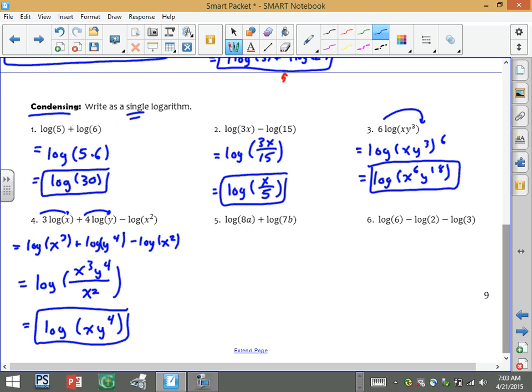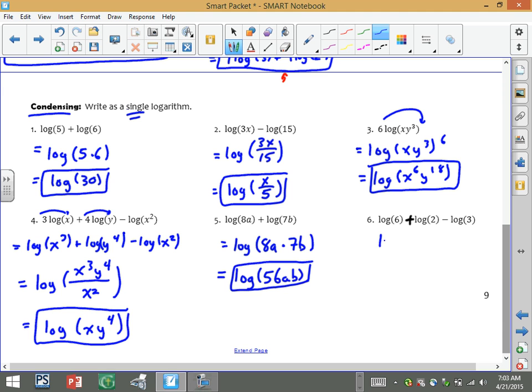Here, we got plus again, so that means we're going to multiply. So 8a times 7b, and we can go ahead and multiply that 8 and the 7 together. So that'll be 56ab. And then 6 is a typo again. That needs to be plus right there.